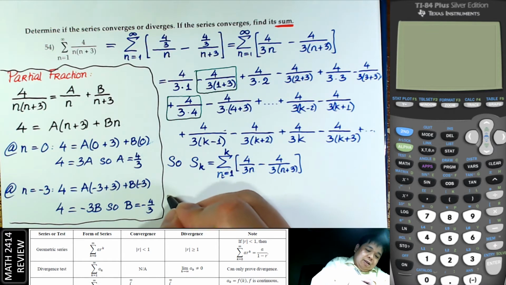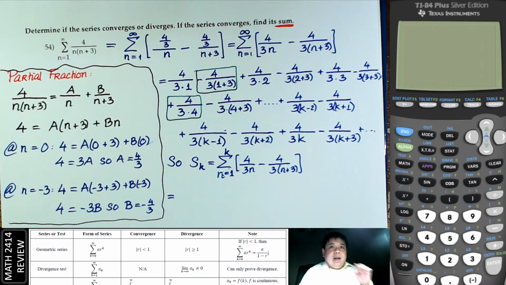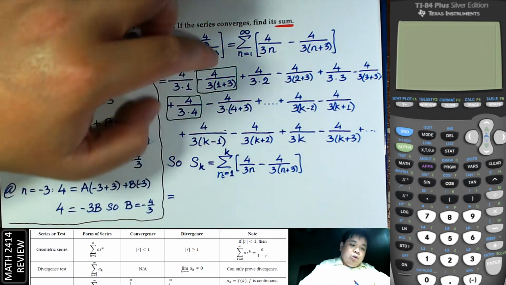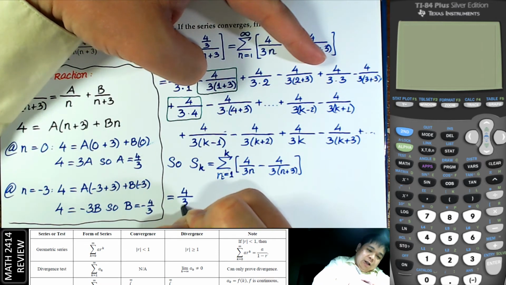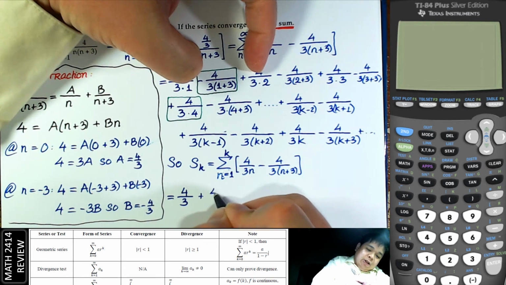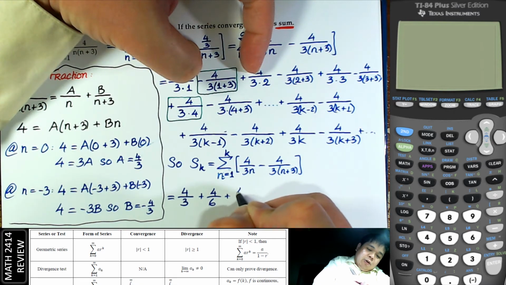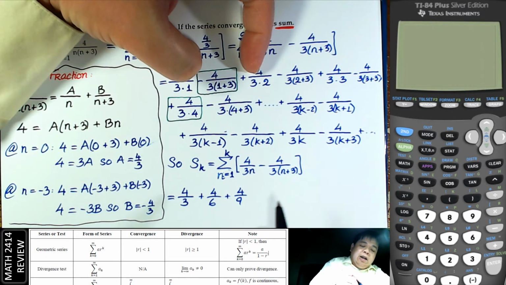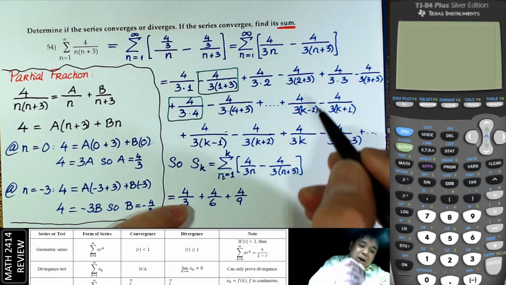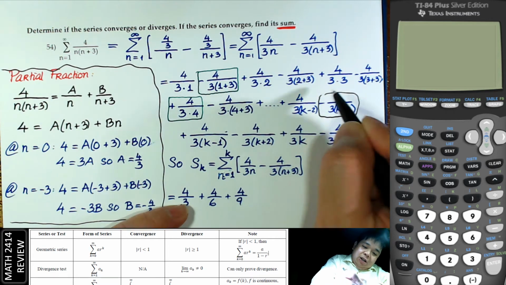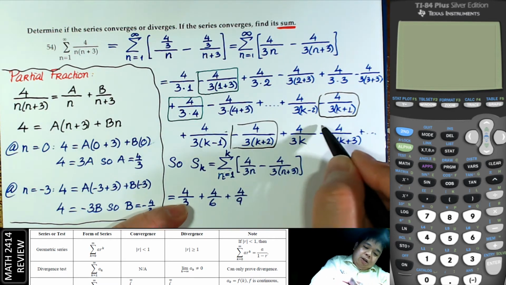Now, remember, we said that if there are 3 positive terms from the first 3 terms, then we need 3 negative from the last 3 terms. So the first 3 terms are 1, 2, and 3. So 4 over 3 plus 4 over 6 plus 4 over 9. And everything else in the middle cancels except the last 3 negative terms. So what remains is the 3 negative terms.